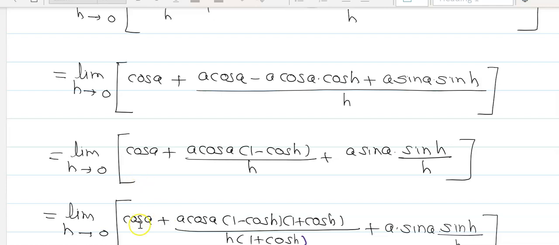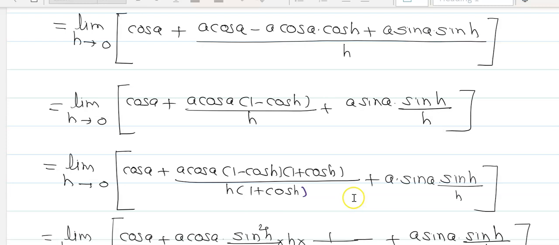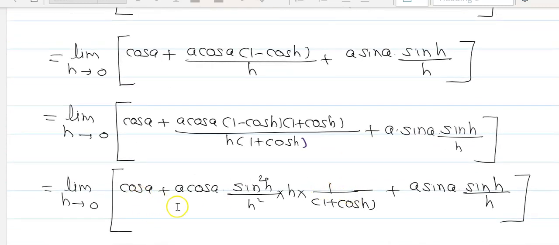Therefore you will get cos a plus a cos a (1 minus cos h), again multiplying numerator and denominator by 1 plus cos h, plus a sin a into sin h upon h. Then you will get sin square h upon h square into h into 1 upon 1 plus cos h, plus a sin a into sin h upon h.